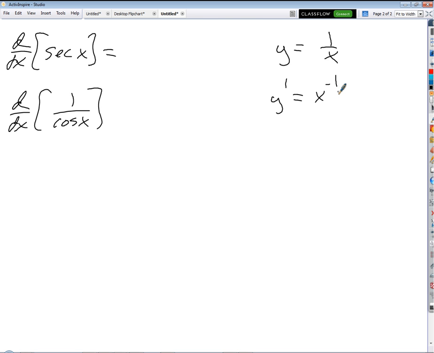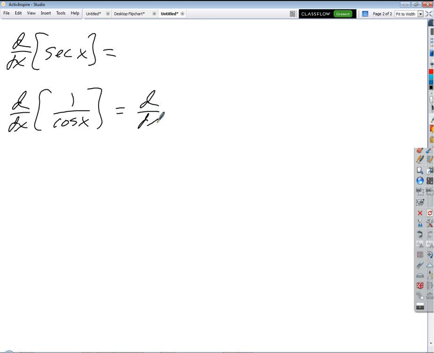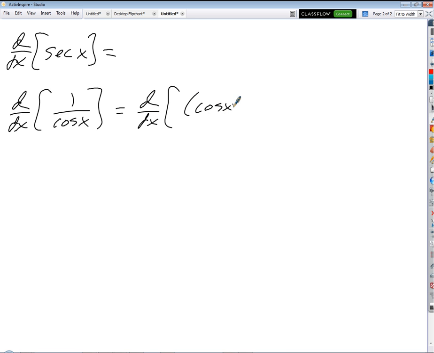So I'm going to do the same thing here. I'm just going to write this as the derivative with respect to x of the quantity cosine x to the minus 1.